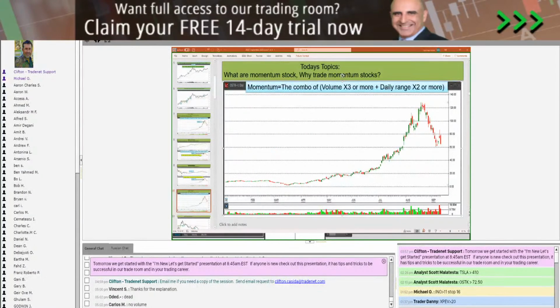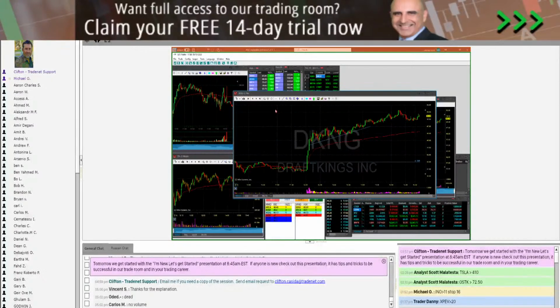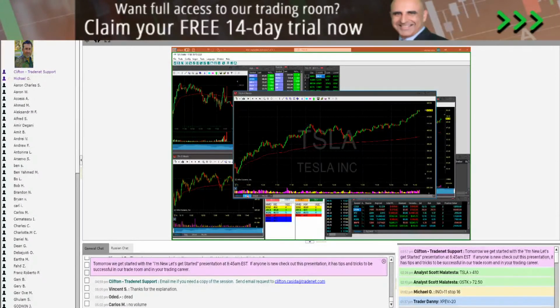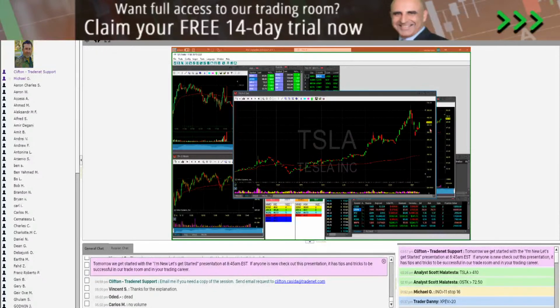Now, if we go back to Tesla, where is Tesla? Hold on a second. And again, the momentum stock is observed on the daily chart. Now, something is going on with Tesla since it broke 200 2 months ago.